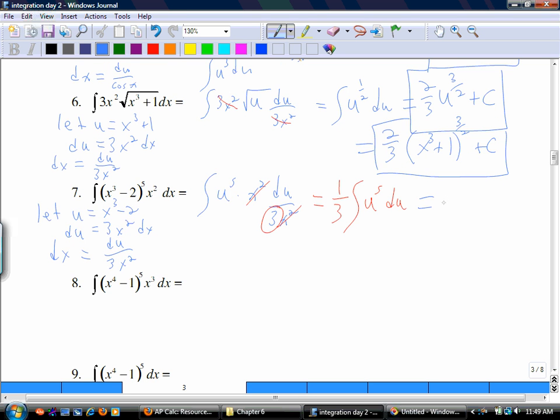And then I solve this. I get 1/3 times, what's the integral of u^5? Yeah, so u^6 over 6 plus c. Again, replace it. So I get 1 over 18, and u was x cubed minus 2, all to the power of 6 plus c.